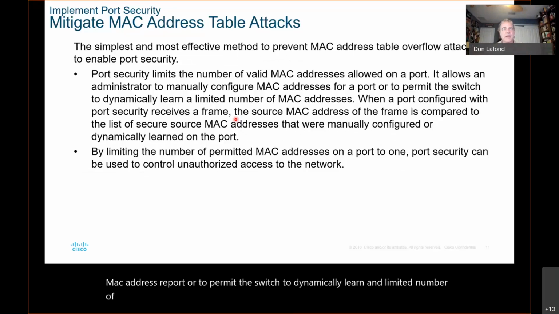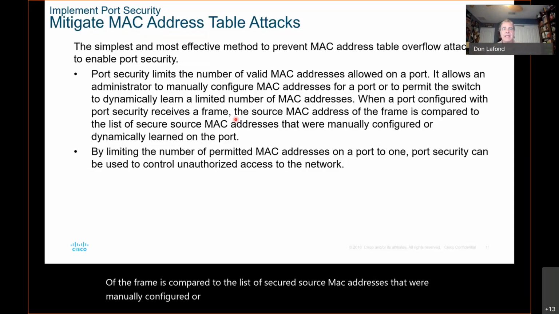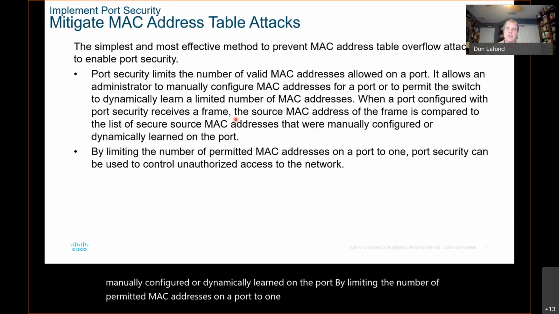When a port configured with port security receives a frame, the source MAC address of the frame is compared to the list of secured source MAC addresses that were manually configured or dynamically learned on the port. By limiting the number of permitted MAC addresses on a port to 1, port security can be used to control unauthorized access to the network.